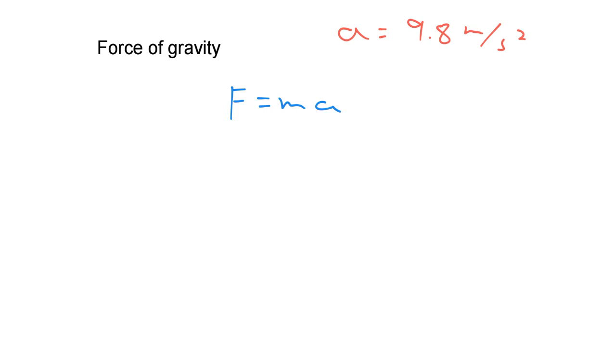So the acceleration is always going to be 9.8, but we still have to multiply it by the mass to figure out the force of gravity. So if we have 5 kilograms of weight, the force is going to be equal to 5 times 9.8. Let's do that in a calculator, 5 times 9.8 equals 49 newtons.